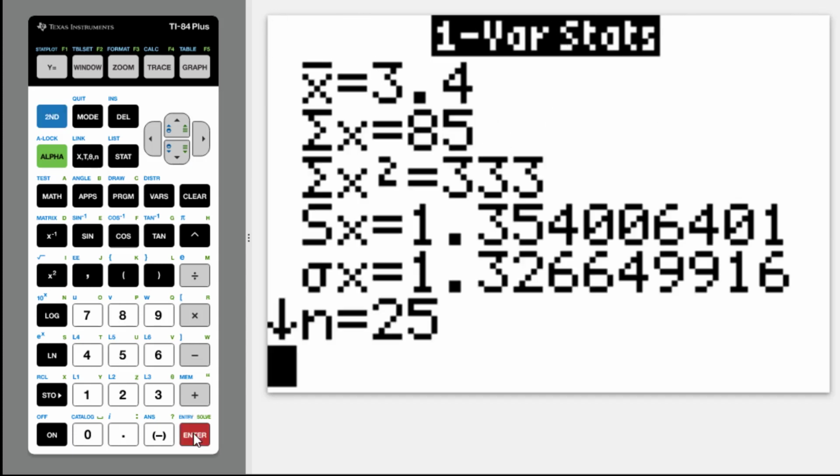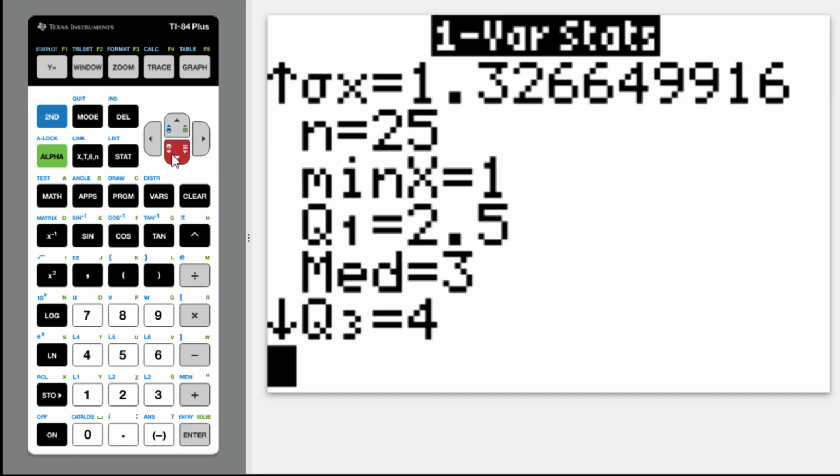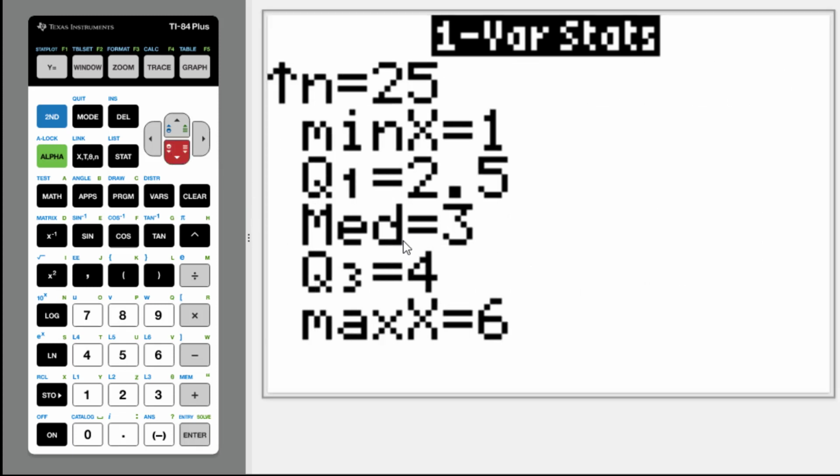Then calculate. They will give you the average. Then move on. You will get median 3. The first quartile, which is the lower quartile, is 2.5. The higher quartile, also called the third quartile, is 4.